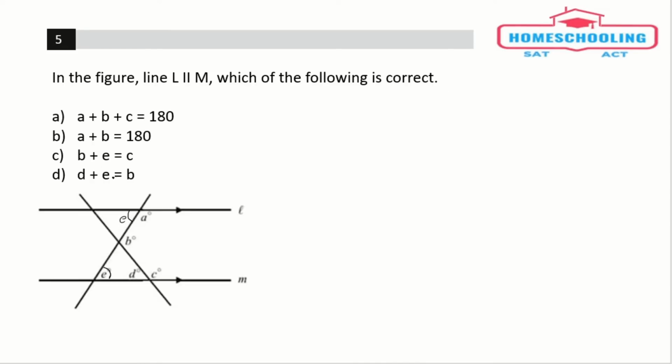So D plus E is equal to B, as we have read in part 2 question number 15. I have proved that the sum of these two angles would be equal to this angle.